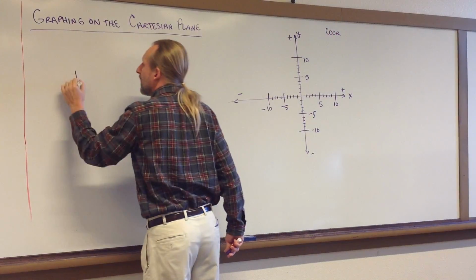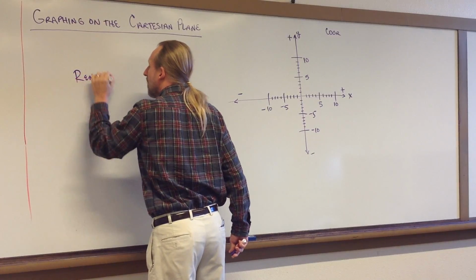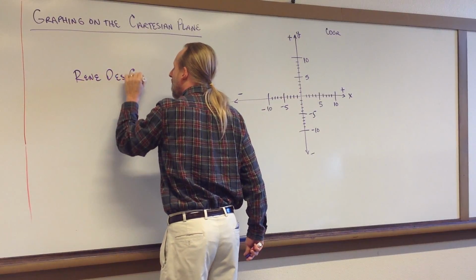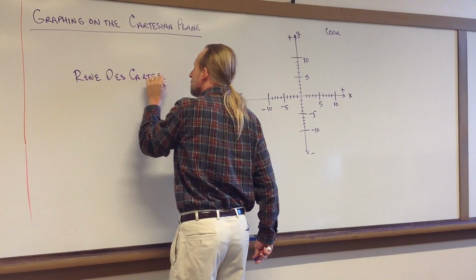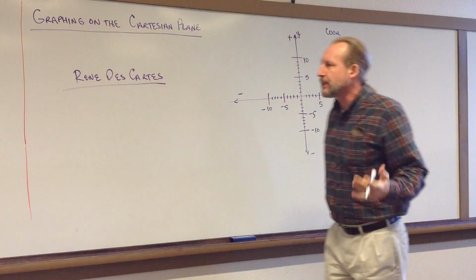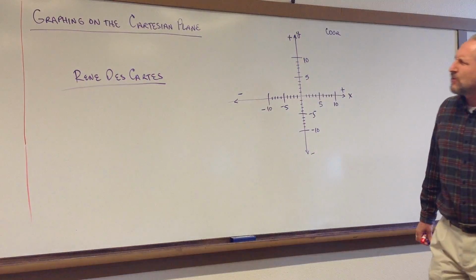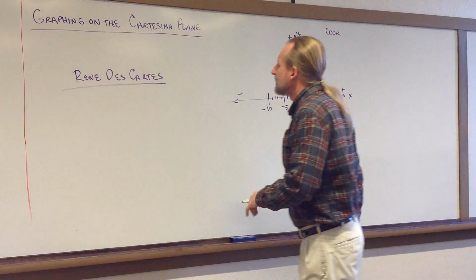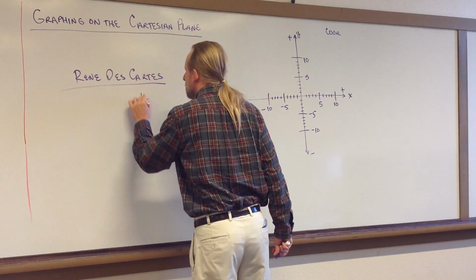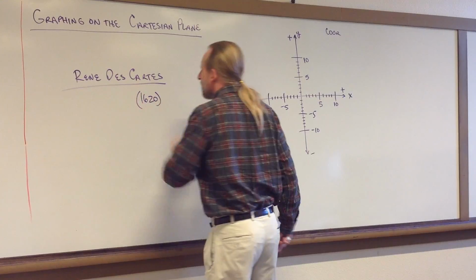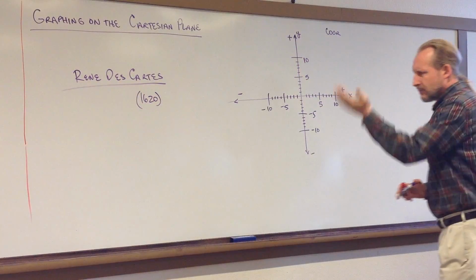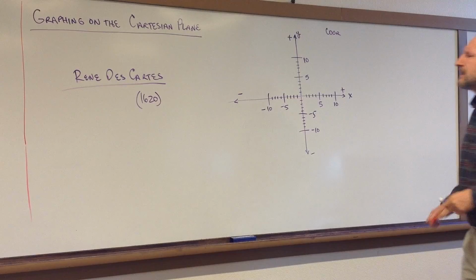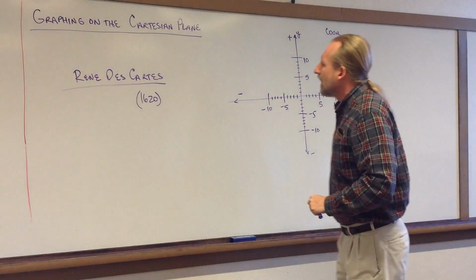That name comes from René Descartes. René Descartes was a French mathematician, and he worked in the early 1600s. It was around 1620 or so, and in the subsequent years following that he did a lot of his work.